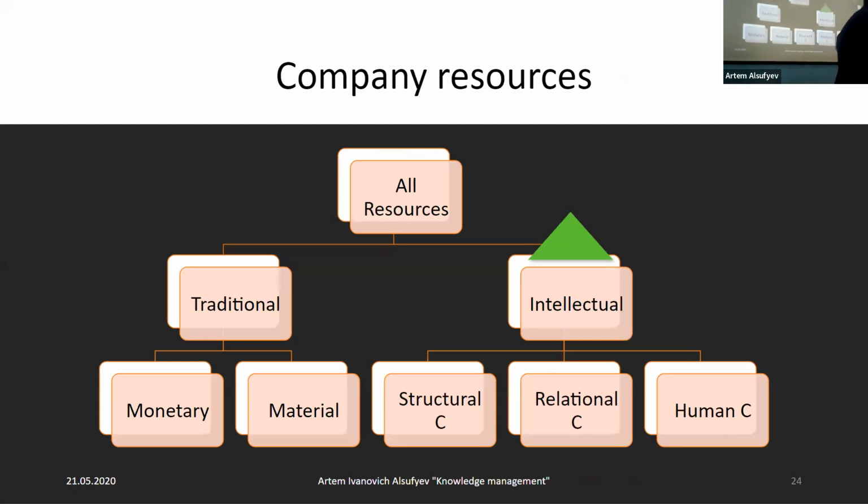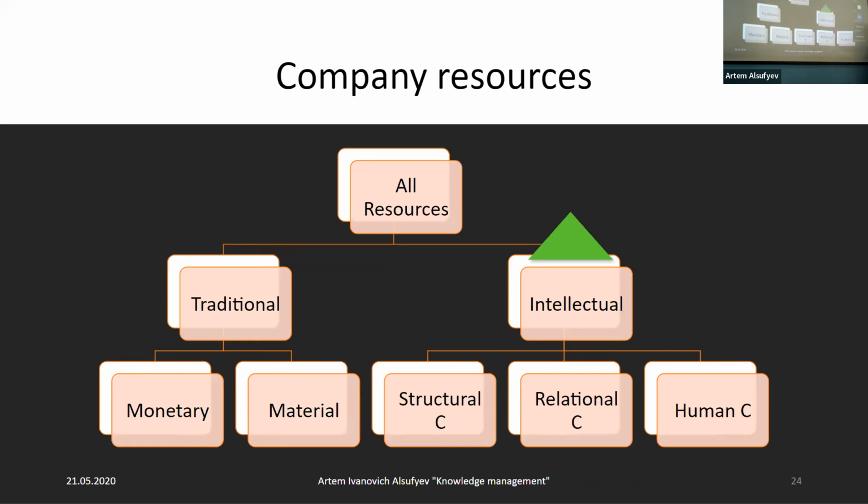All company resources. If we are talking about resources, continuing with the core knowledge assets, there are traditional resources and intellectual resources. Here we're talking about intellectual resources. The question everyone answered correctly: three major elements, structural, relational, and human capital.